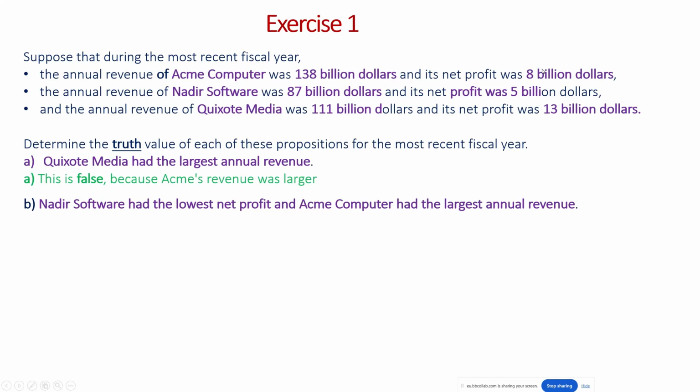The lowest seems to be 5, and we're talking about Nadir, so yes, it has the lowest. That's true. And ACM had the largest annual revenue. Annual revenue is this one over here, and yes, it is true. So true and true is true.